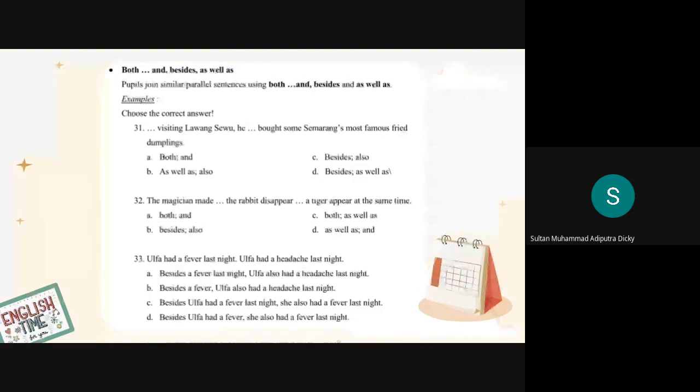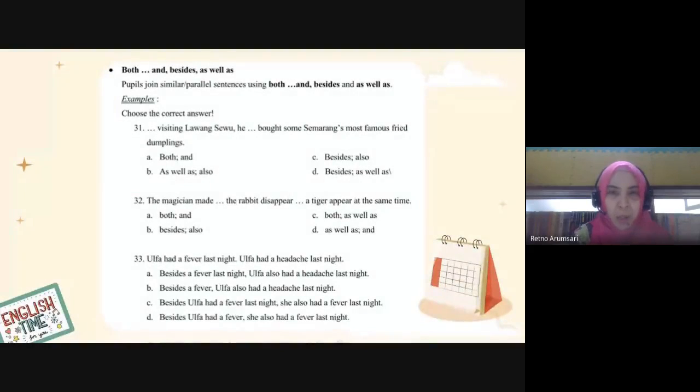Besides, also. Yes, after the first blank, there is a verb ing. Then the answer must be besides, because besides can be followed by a verb ing. The answer is besides.